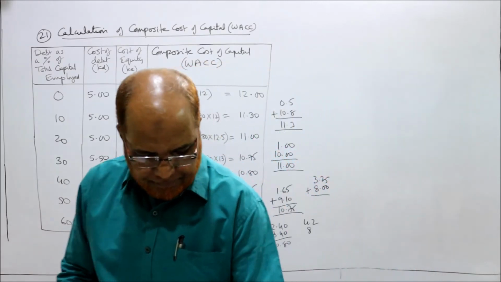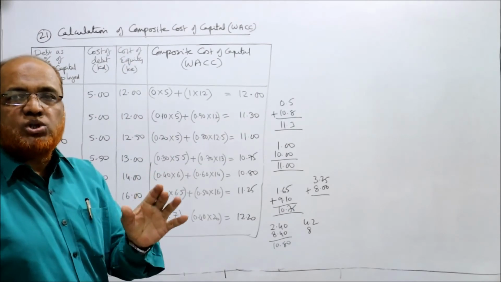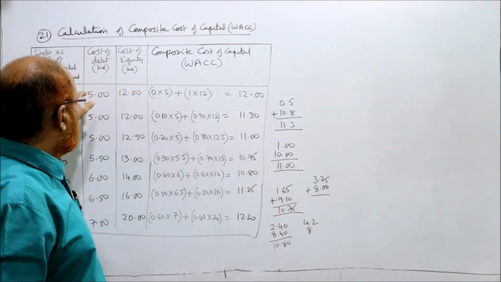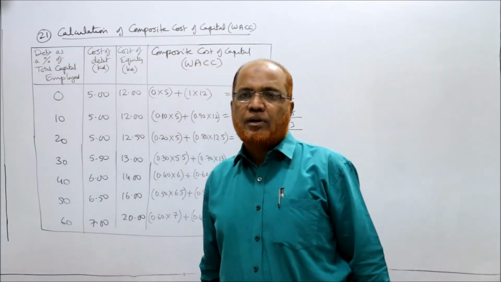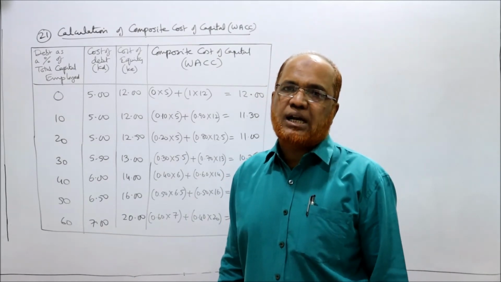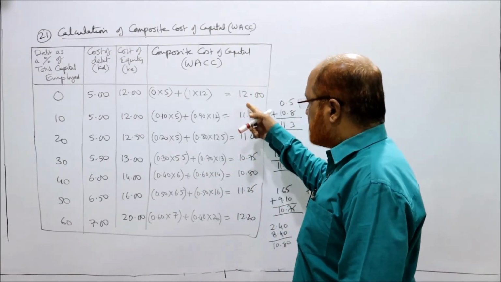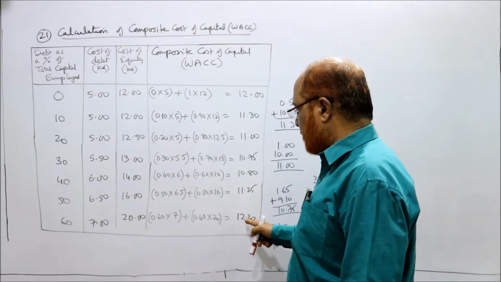That's it. Now, it is asking you to find out the most optimal debt equity mix. Which debt equity mix is optimum, which is better? Whichever debt equity mix has the lowest WACC, lowest weighted average cost of capital. Here WACC is 12, 11.3, 11, 10.75, 10.8, 11.25, 12.